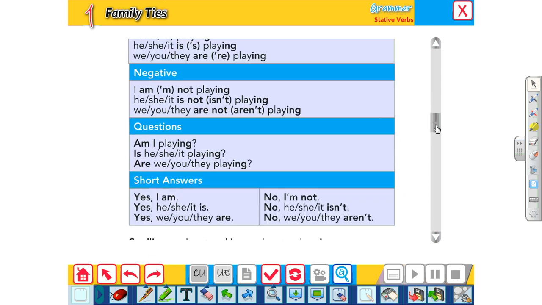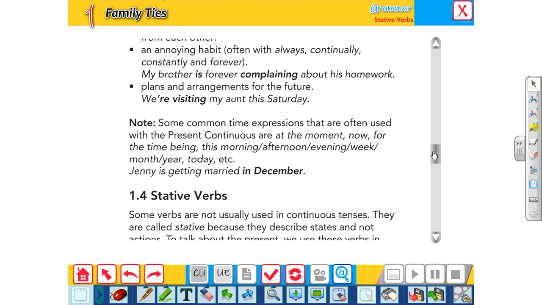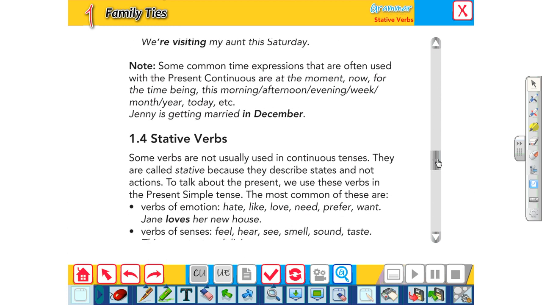I know that you know it before, but let's revise it. The stative verbs are not usually used in the continuous tenses. They are called stative because they describe states and not actions. To talk about the present, we use these verbs in the present simple tense.